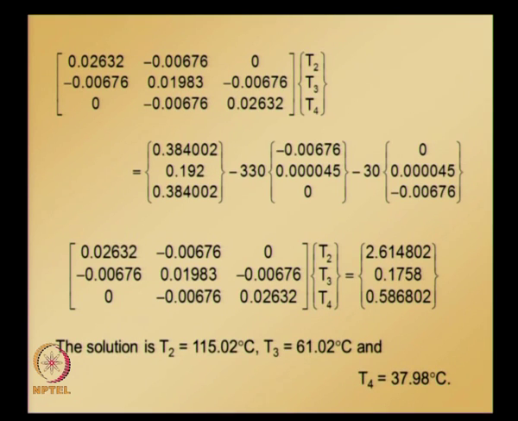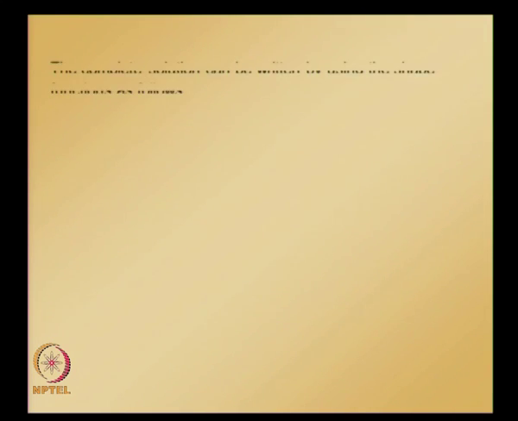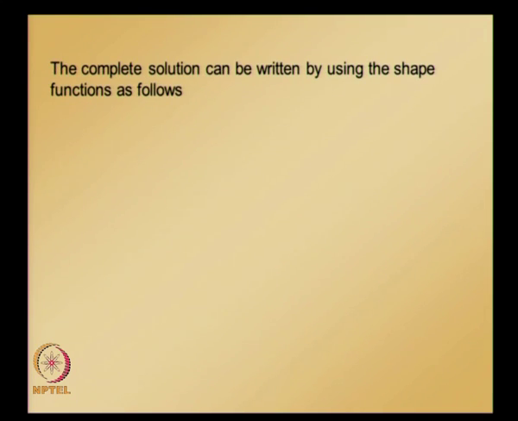Solution is given here, and T1 is given, T5 is given. So, now we have temperature at all the nodes. So, now we can go to each element. Complete solution can be written by using shape functions.